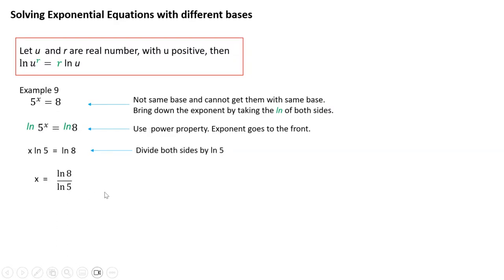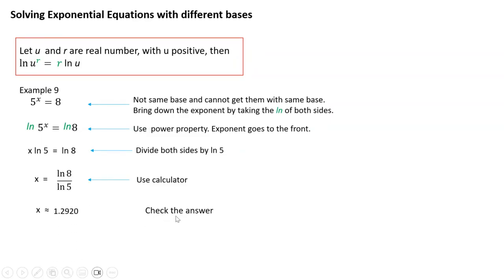So we have ln of a divided by ln of 5, and it's going to give us an irrational number. This squiggly line means it's approximated, because this number will never end. That's why it's going to state to round it off to 4 or 5 places.